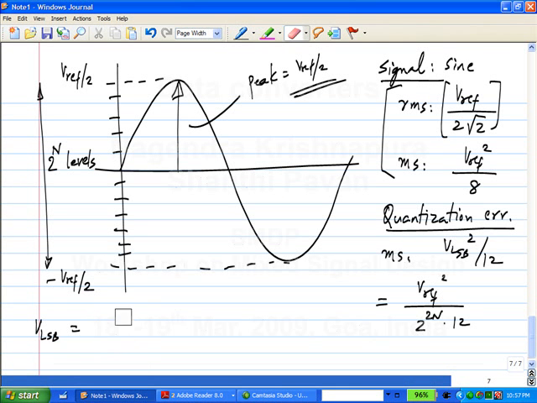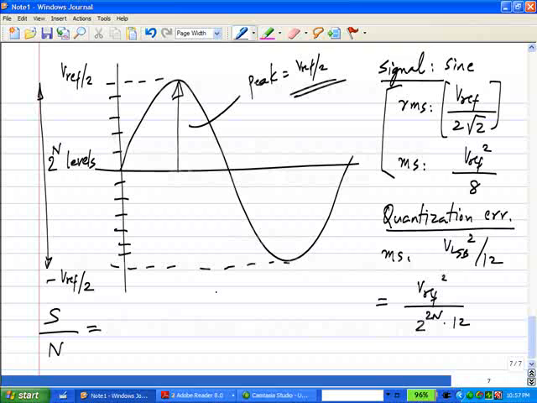So, what is the ratio of the mean square values of the signal to noise? I want to calculate the ratio of signal strength to the noise strength. The signal strength is given by its mean square value, which is Vref square by 8. The noise strength is given by its mean square value, which is Vref square by 2 to the 2n times 12, or VLSB square by 12.